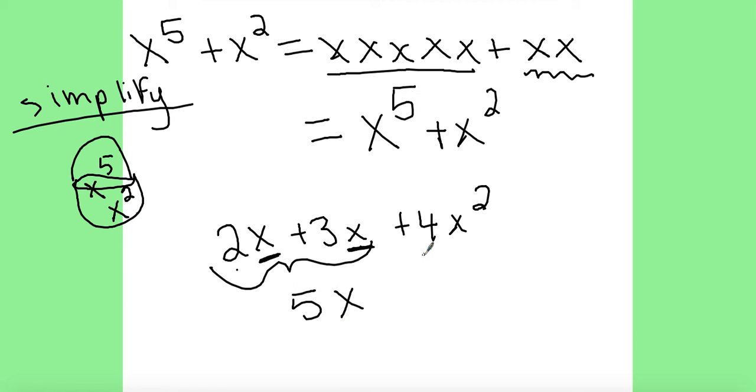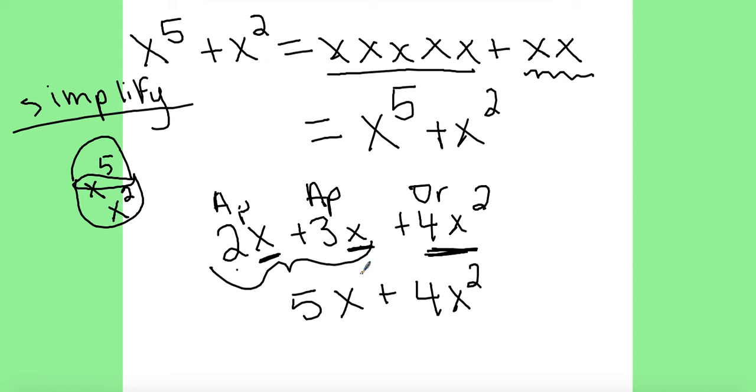And then also in my basket, there was this other object, x squared, and I have 4 of them. Okay. And in this case, this would be like apples, apples, oranges. 2 apples plus 3 apples, well, that's 5 apples, but 4 oranges, I can't combine in my language.